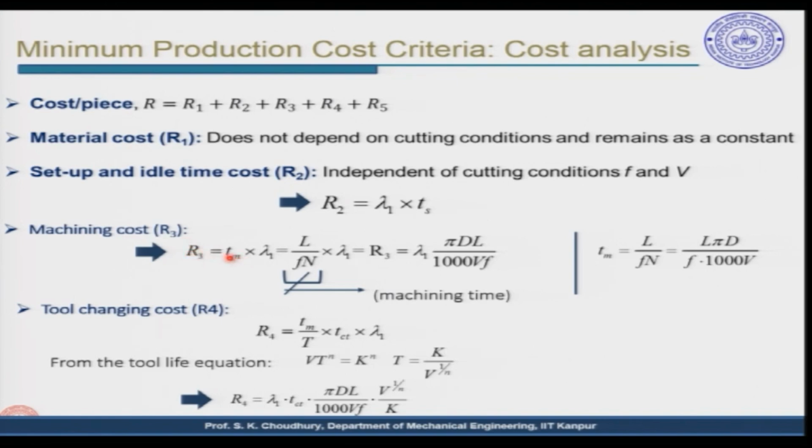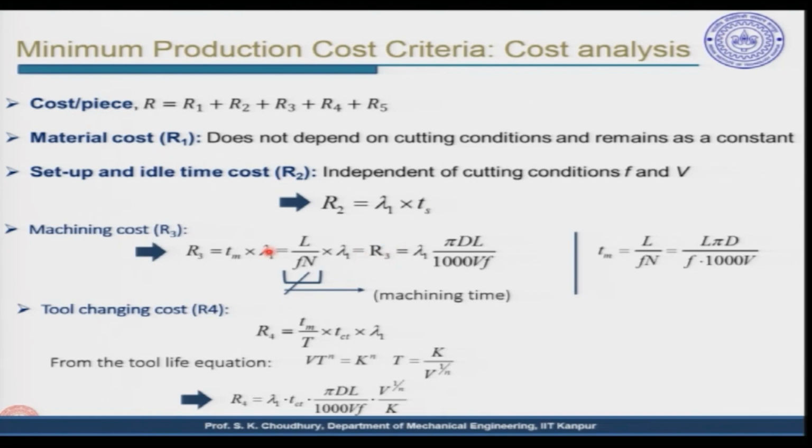R3 is given by the machining time, for which we are paying lambda 1, the overhead plus the labor cost. The machining time we have seen earlier is equal to the length of the workpiece divided by the feed and the RPM n. So, that into lambda 1 will be equal to R3.